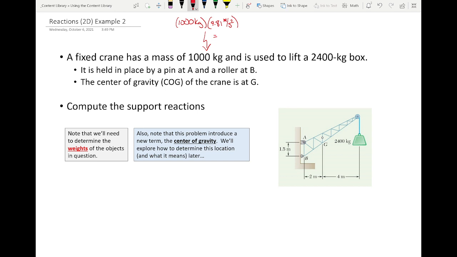So that's 9,810 newtons, or 9.81 kilonewtons. Just like with this one right here.